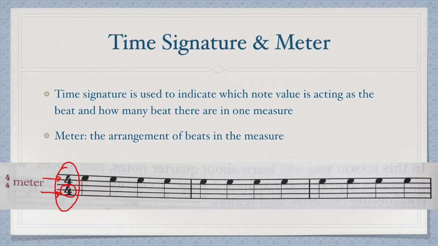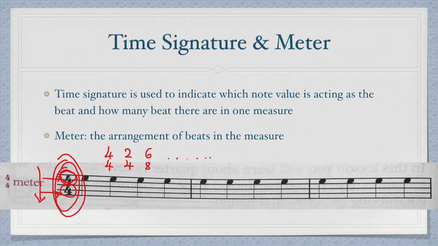So then what about the top number? This number on the top tells us how many beats there are per measure. For example, the time signature is 4/4, like this one. We speak a time signature from the top to the bottom. So this is 4/4 and this is 2/4 or 6/8 and so on.